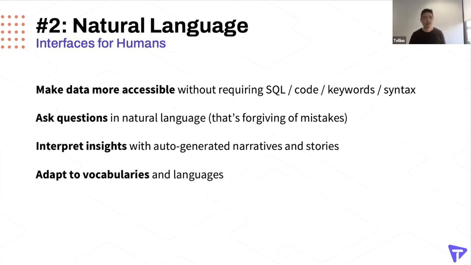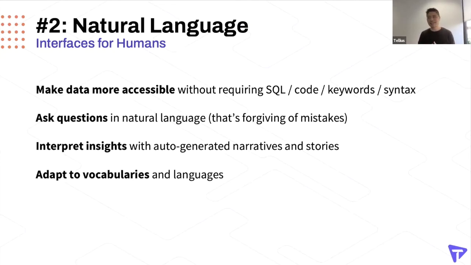Number 2, to make analytics more modern, would be natural language. The idea is that with automation, you're making your existing analysts, your data experts, that much more powerful. With natural language, you're making data more accessible, perhaps, for humans.